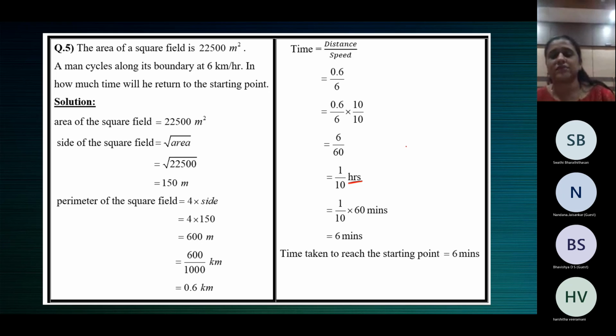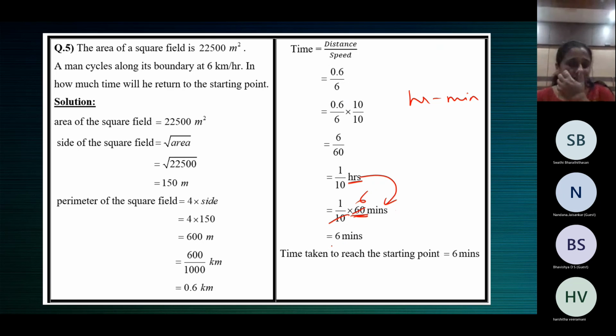When you're converting hours to minutes, you need to multiply by 60. So 1 by 10 into 60 minutes, not hours again, is nothing but 6 minutes.